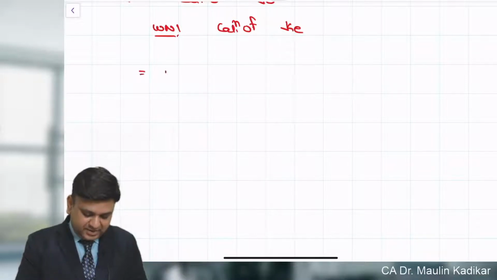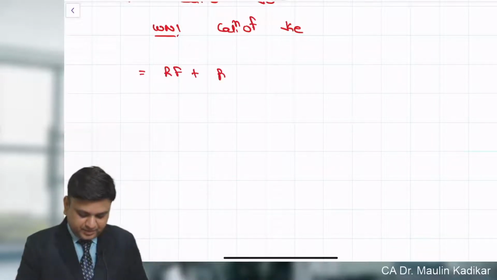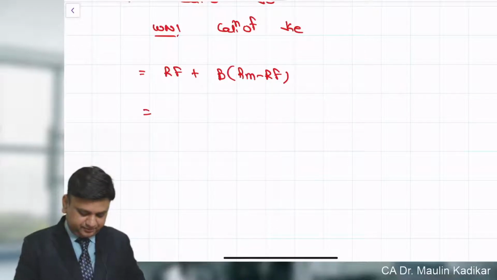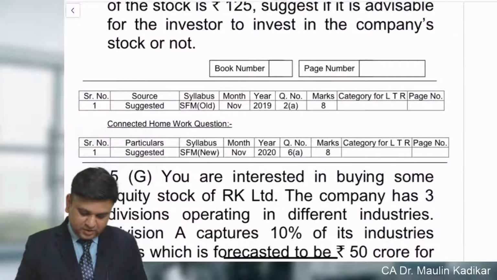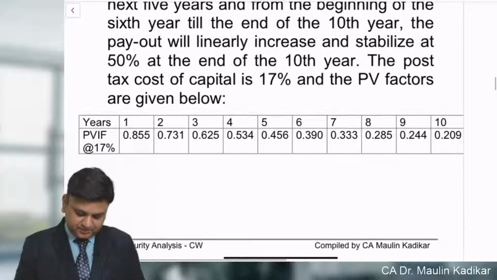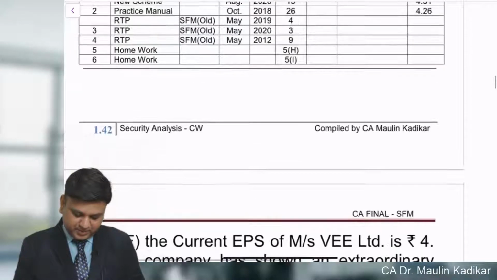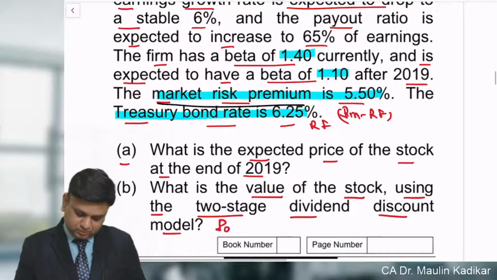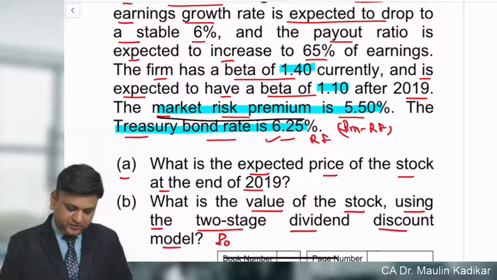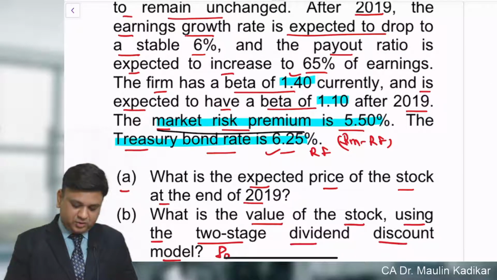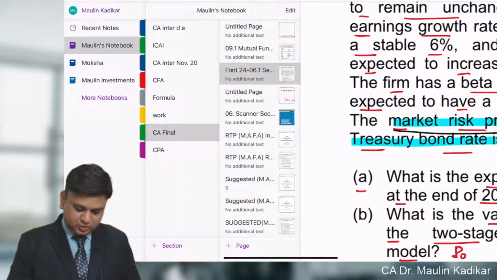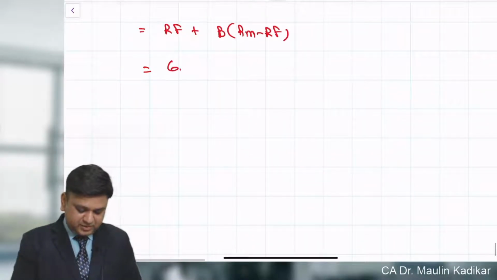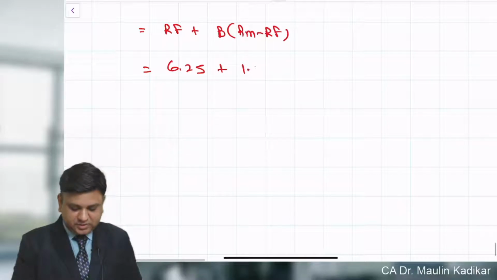So it will be calculated as RF plus beta into RM minus RF. The risk-free rate of return is provided to us in the question as 6.25, beta is 1.4 and this is 5.5.